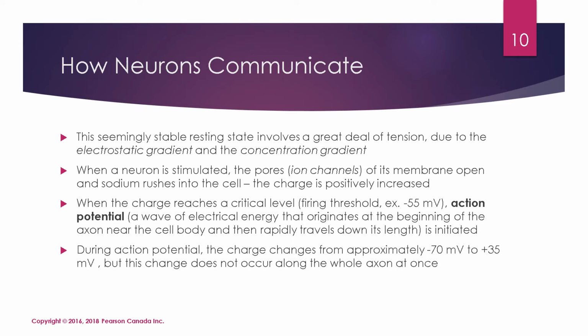So it's kind of like a domino effect. During the action potential, the charge changes from approximately the -70 of resting potential to approximately positive 35 millivolts. But this change does not occur along the whole axon at once. Like I said, it has a bit of a domino effect.